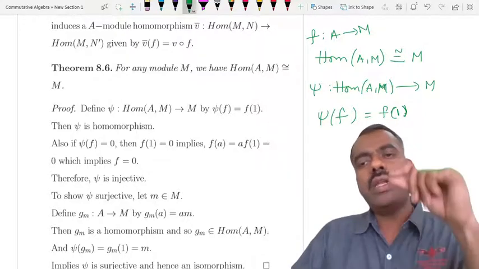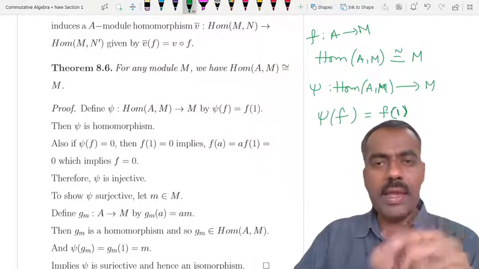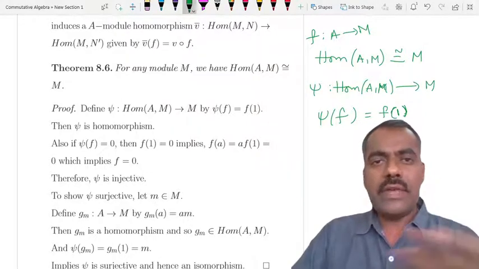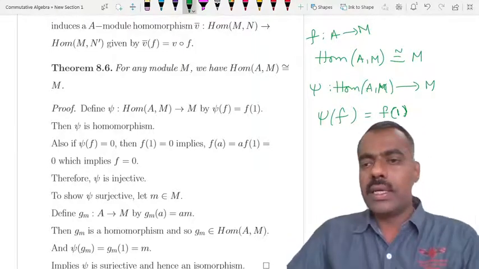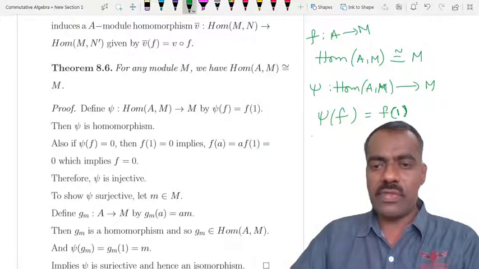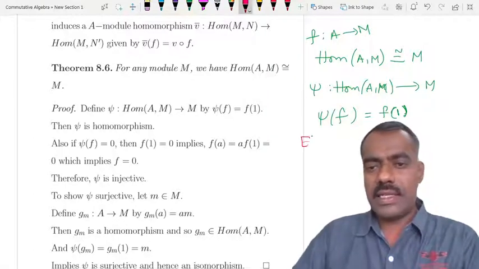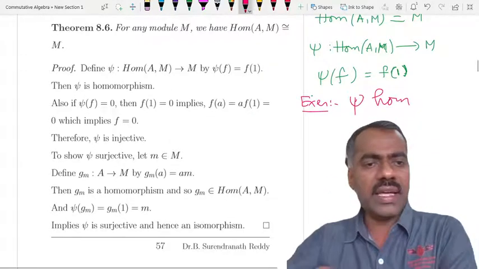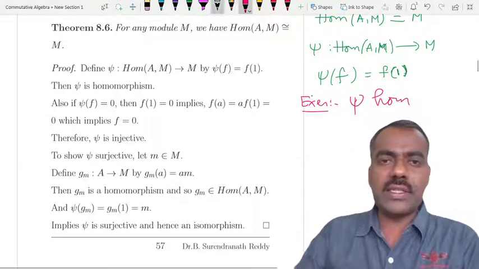That means you take any homomorphism f from A to M and evaluate that function at 1. Whatever value you get belongs to M. It is not really difficult to check that this psi is a homomorphism. Then you can easily show that it is one-to-one.